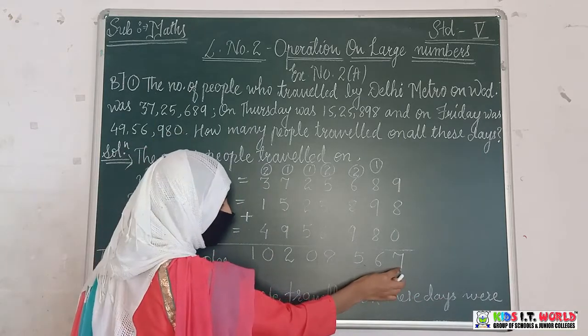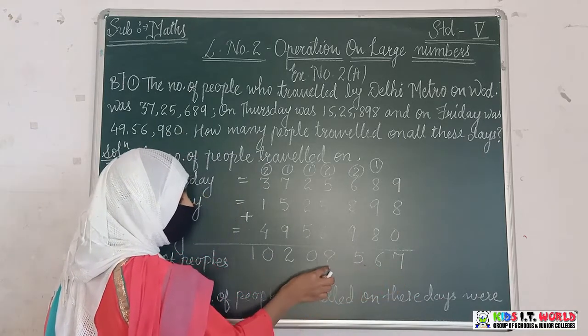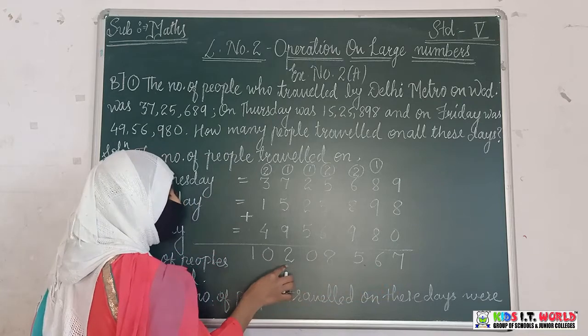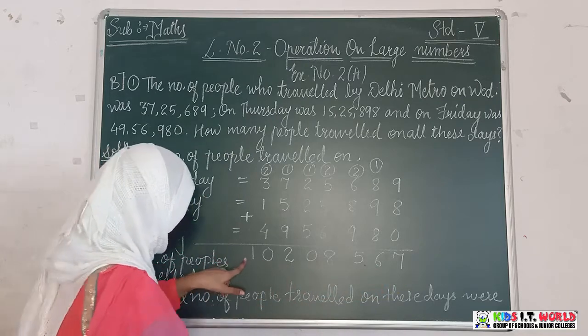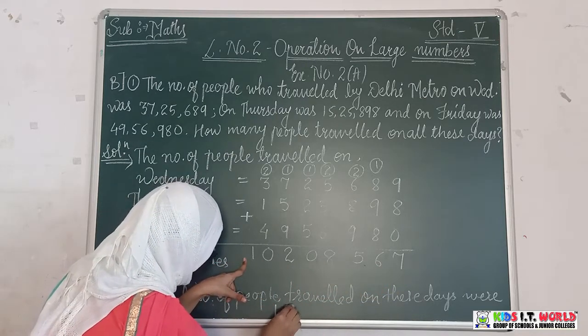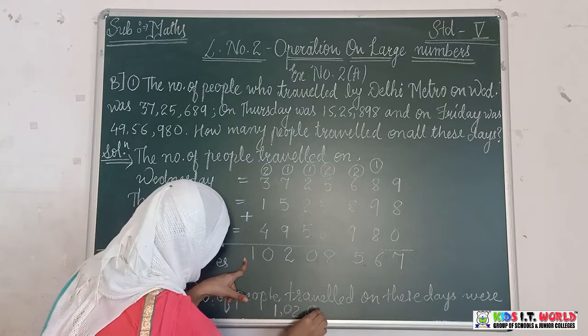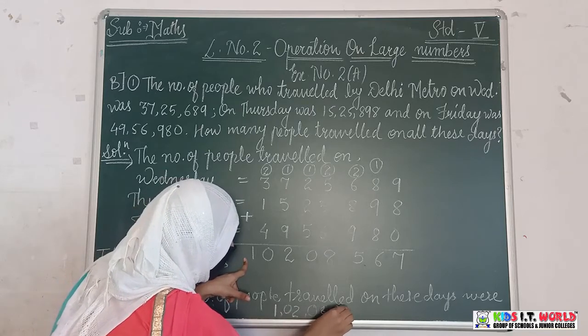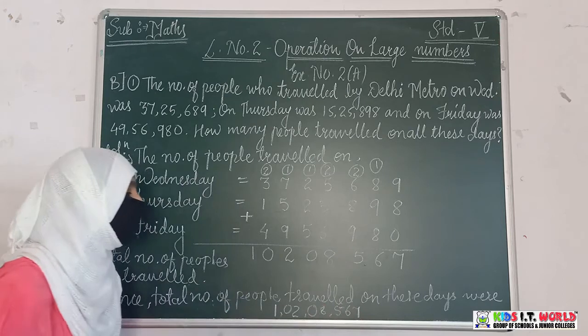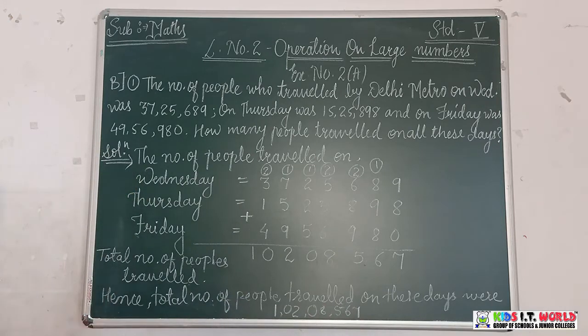So count it: ones, tens, hundreds, thousands, 10,000, lakh, 10 lakh, and crore. So it's 1 crore, 2 lakh, 8,567. In this way, you have to solve the word problems.